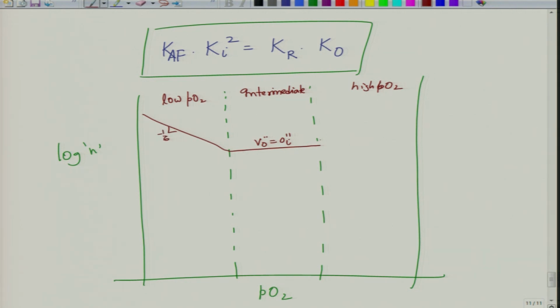And if you do the same analysis as we did in the last class, you can form. So, in the high PO2 region we have found oxygen interstitials, but then again combining all four equations you can find the expression for VO as well. The VO will go something like that in this region, and the OI on the other hand, now VO is equal to OI, the OI follows this pattern.